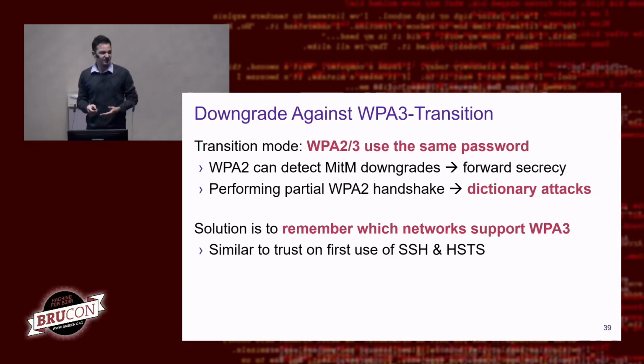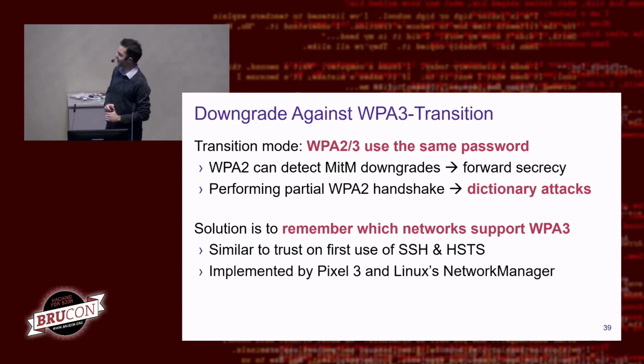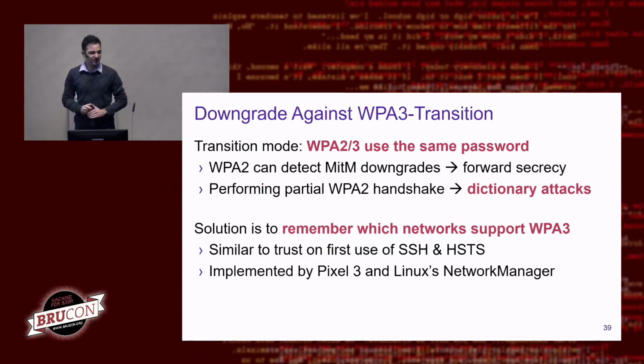And this idea is similar to the trust on first usage of SSH, and also to HTTPS with strict transport security. So it's trust on first usage. And the good thing here is that by now the network manager of Linux is in fact implementing this defense.